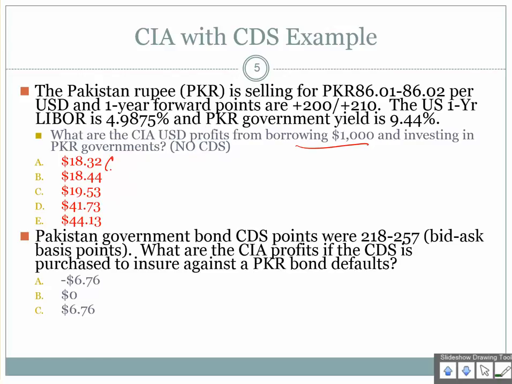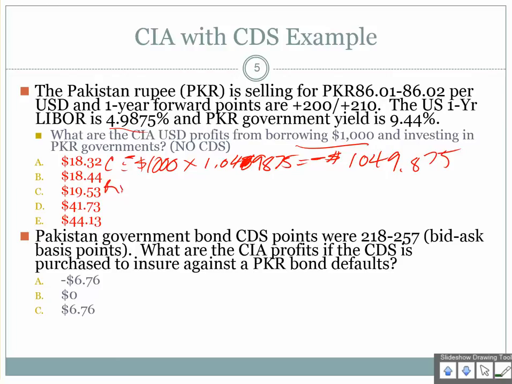The cost of that investment is that I'm going to borrow $1,000 at U.S. interest rates of 4.9875%. So I am going to effectively borrow $1,000 and pay back $1,049.